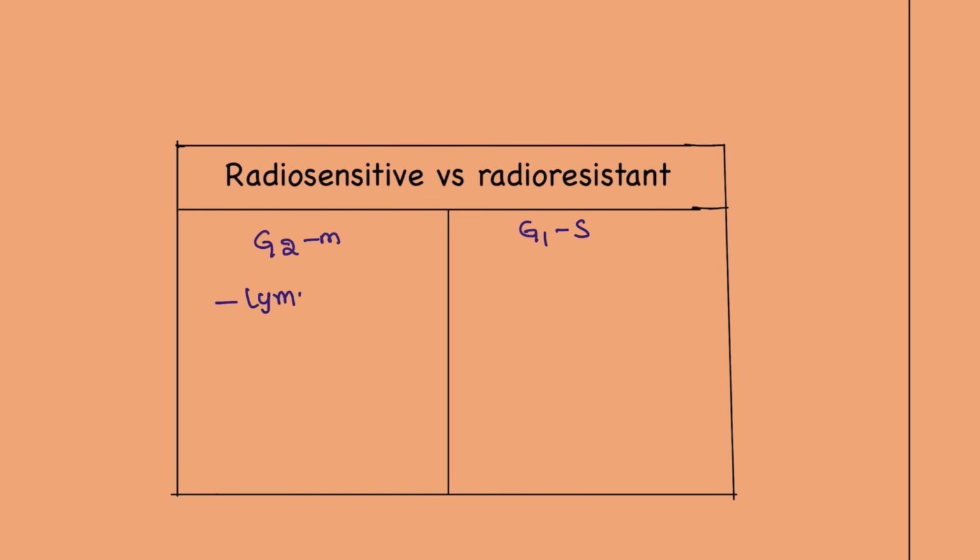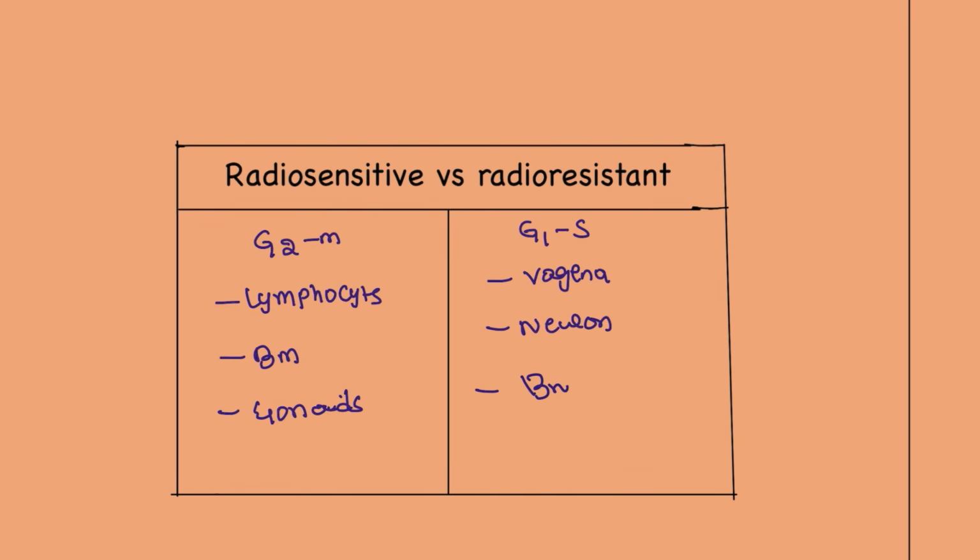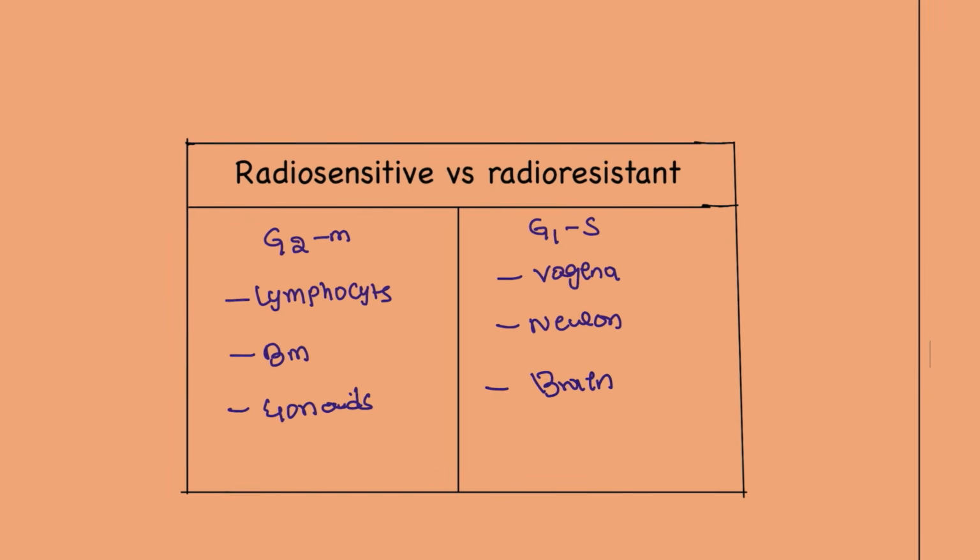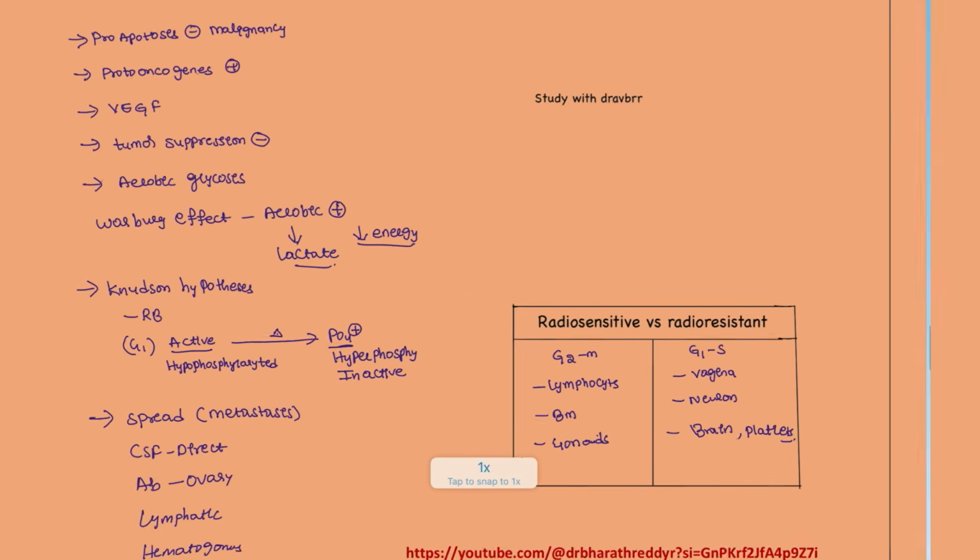Sensitivity is seen with lymphocytes, and also bone marrow, which is very sensitive, gonads, and here it is vagina, and neurons, and also cells like the brain. Brain, platelets, they are very much resistant. They can't be killed also.